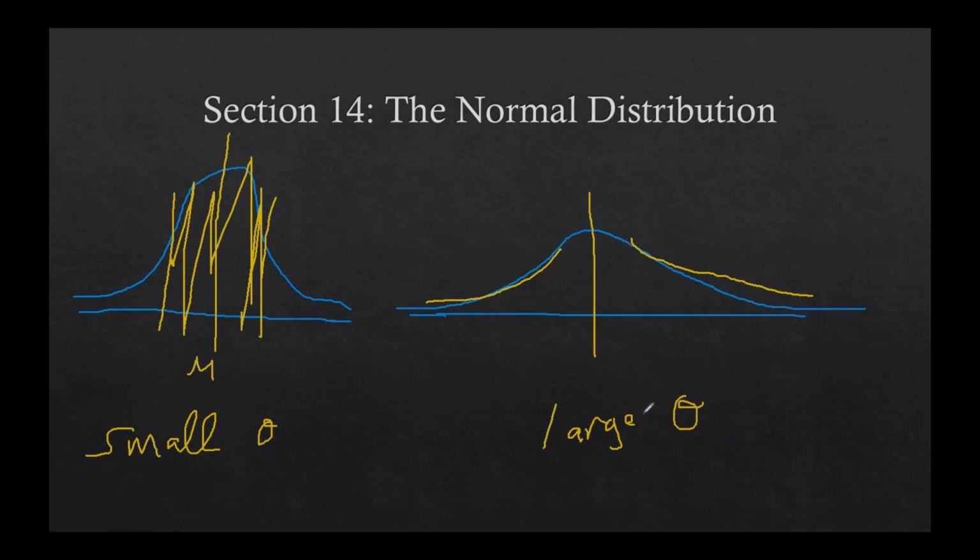So if you just have a graphic, if it's tall and skinny, small standard deviation, short and fat, large standard deviation. And when I say small and large, how is that quantified? Well, it depends on your data. It could depend on a lot of different things. But you can expect, if you had these two graphs, that this standard deviation would be larger than the one on the left.